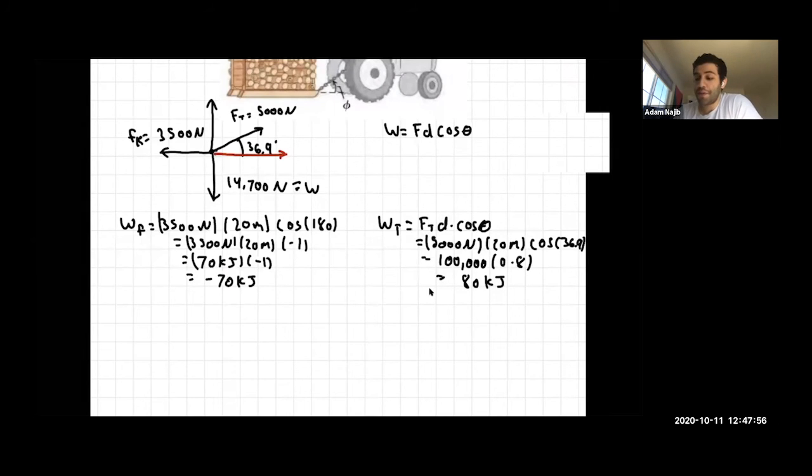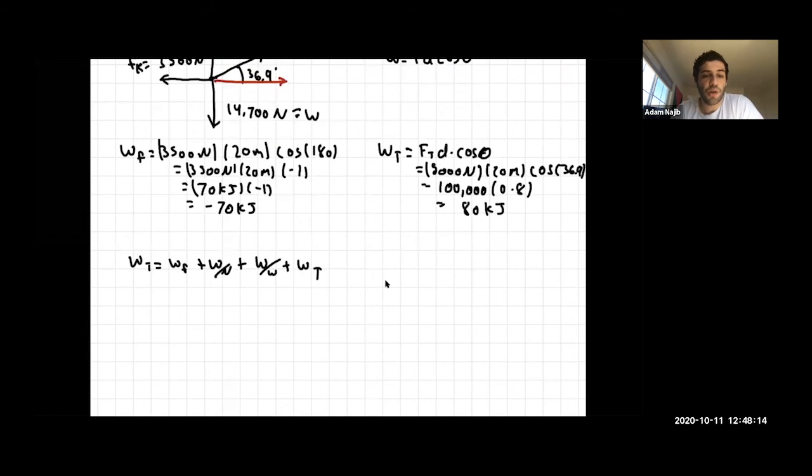We could just add up all these values. We could do work total is equal to the work due to friction plus work due to the normal force plus the work due to weight plus the work due to tension. You could just add them up. Well, this is 0 and this is 0 because it's the normal force and weight. So 0 and 0.